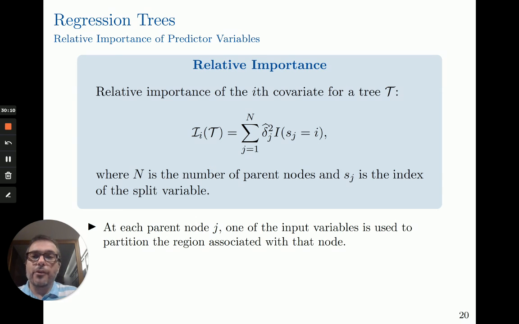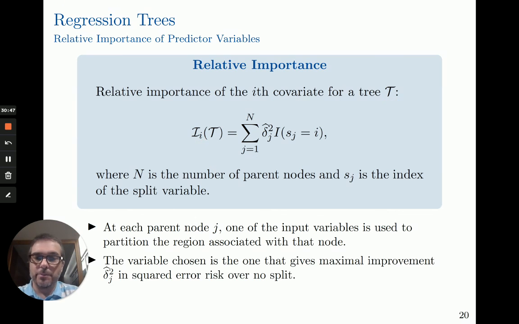The relative importance for the i-th covariate in a tree T will be the sum over the parent nodes, because remember, a covariate enters the tree by defining the split in a parent node. So we want to measure the decrease in terms of MSE that variable induces by a split.